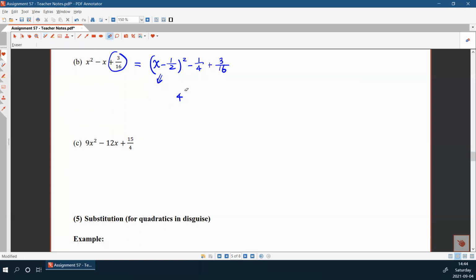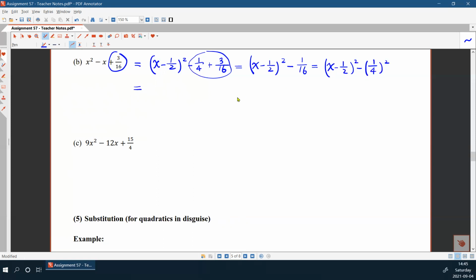So the original expression is converted to x minus 1/2 squared minus 1/4, which is actually 4/16, right? So if we calculate these, this is minus 1/16, right? So this is x minus 1/2 squared minus 1/4 squared, right?